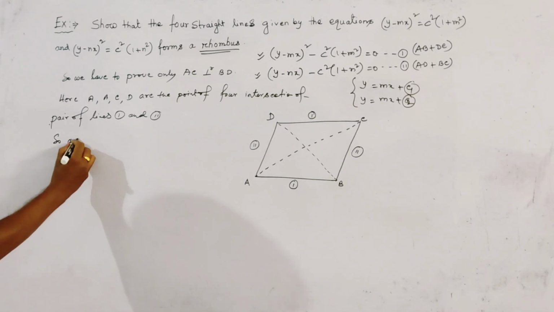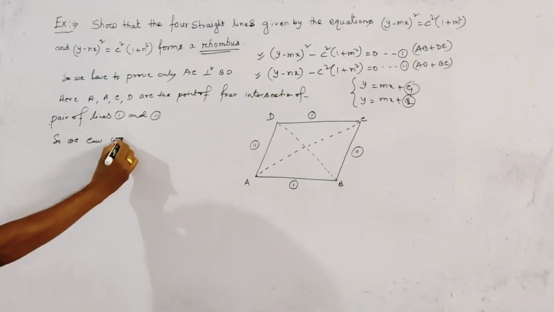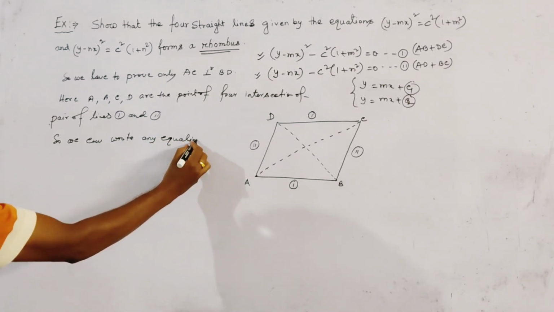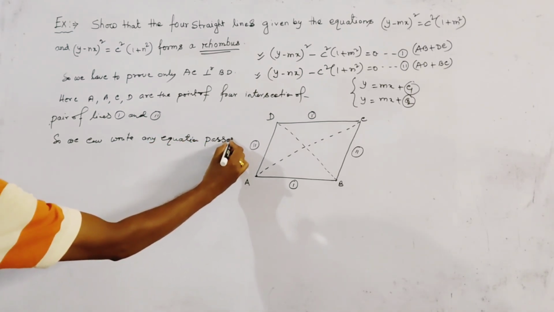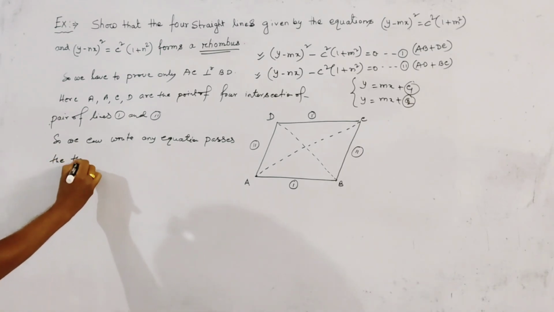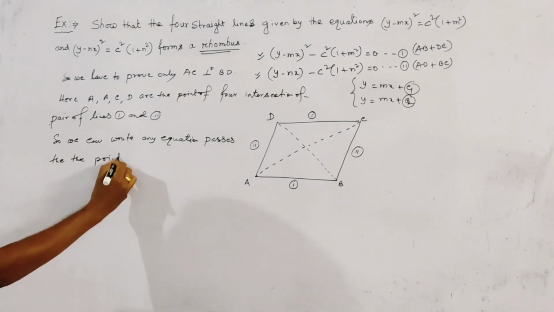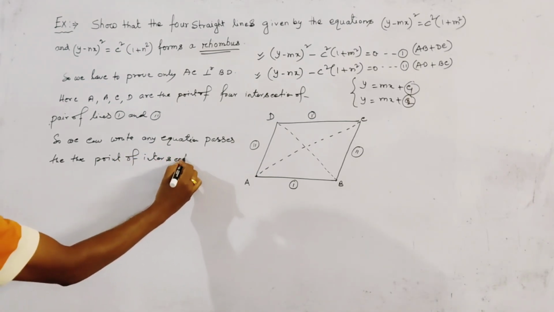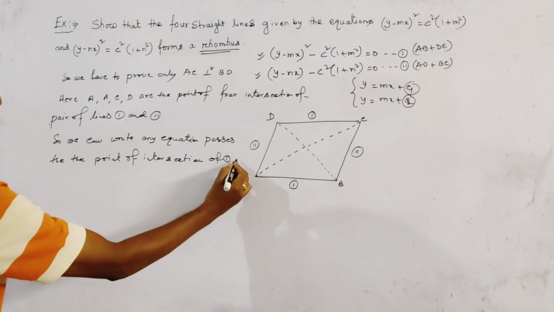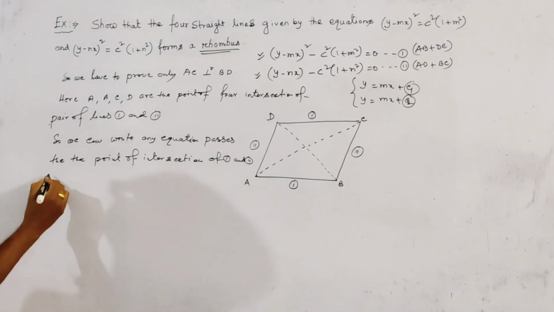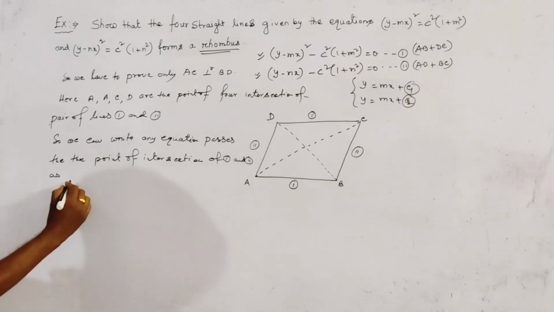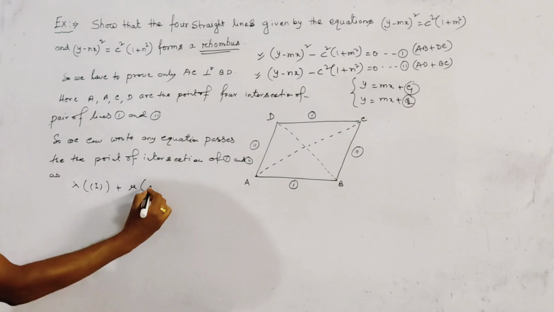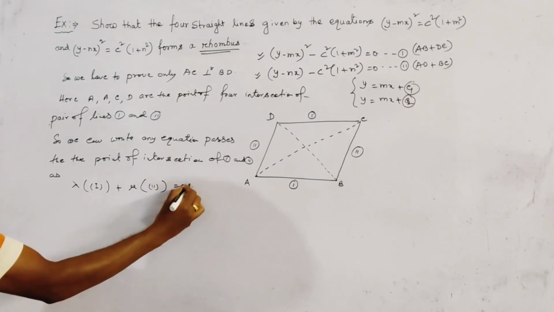So any equation passing through the point of intersection of 1 and 2 can be written as lambda into equation number 1 plus mu into equation number 2 equal to 0.